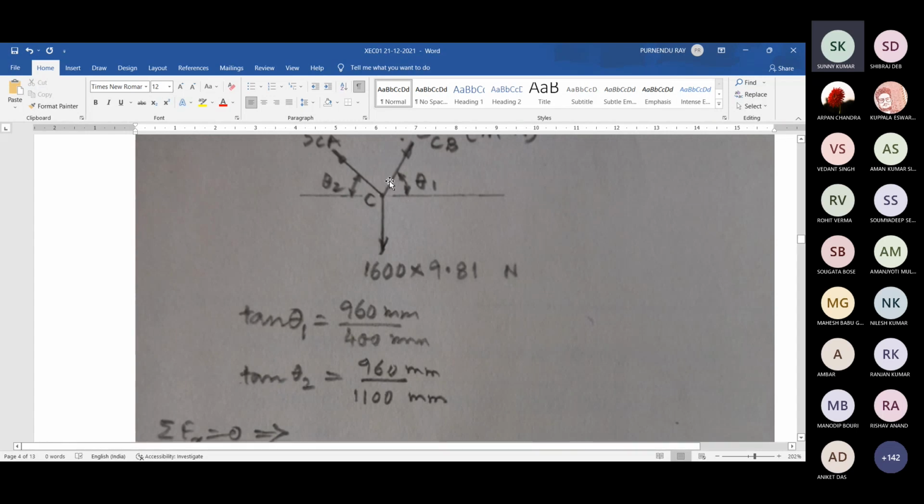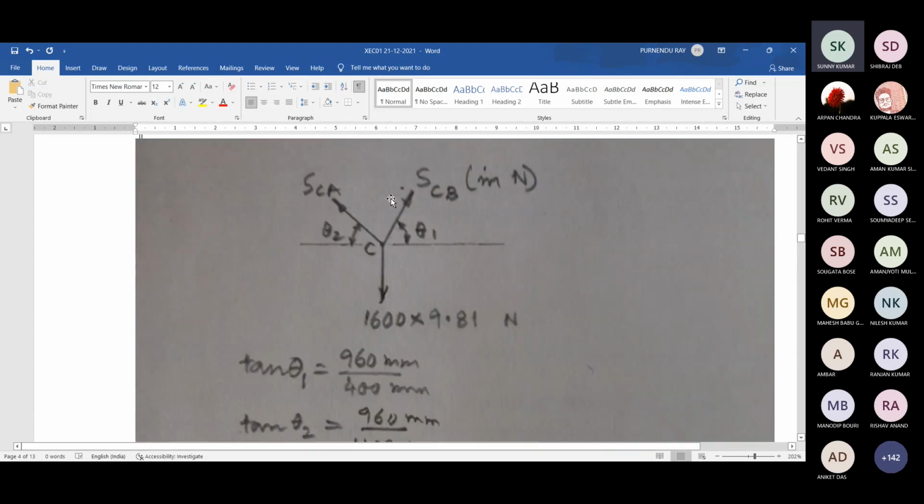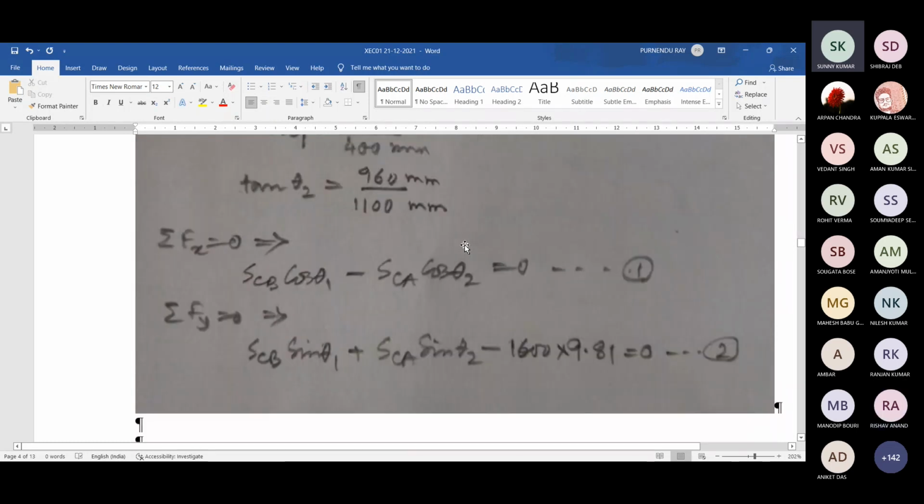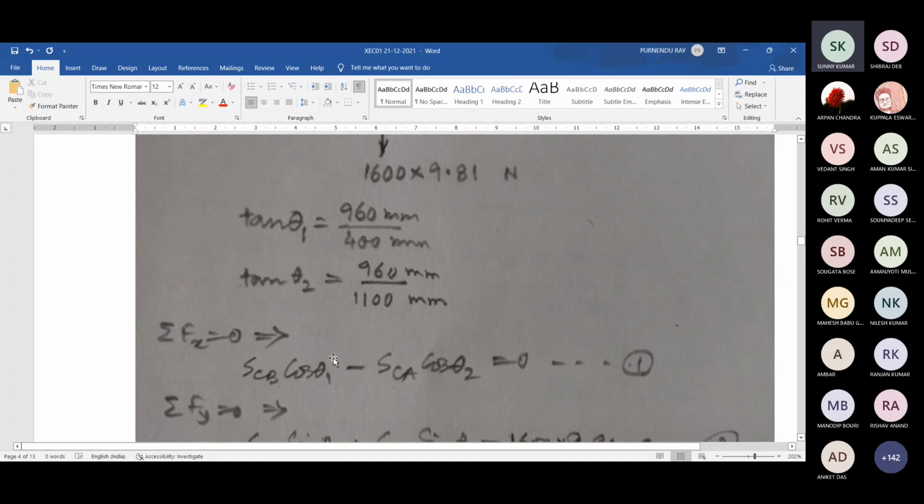Later. First of all, horizontal components. There is no contribution of this hanging weight in the horizontal direction. Only two forces contribute in the horizontal direction, SCB with cosine theta 1 and SCA with cosine theta 2 with negative component, and the algebraic summation is equal to 0.